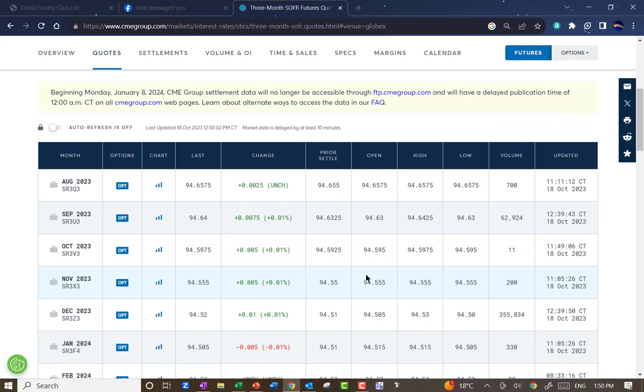For now, I'm going to use this one, but the actual arithmetic is a little bit different from straight Euro-dollar futures. I'm not going to worry too much about that.